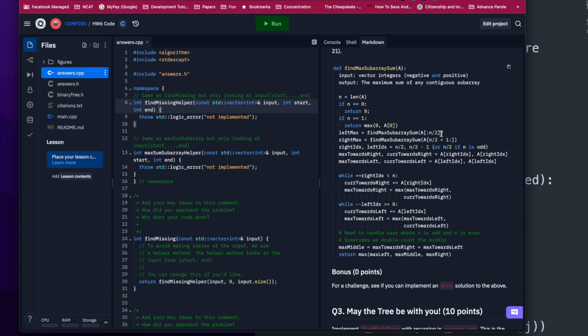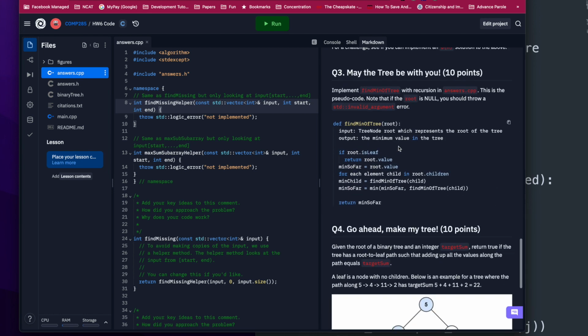So it's not going to be always look from start 0 to n divided by 2, because that's the left half of the entire array. But really, we're looking at everything between start and end. So the left half of that is going to be from start to start plus n divided by 2, right? Where n is the actual length of the subarray you're looking at.